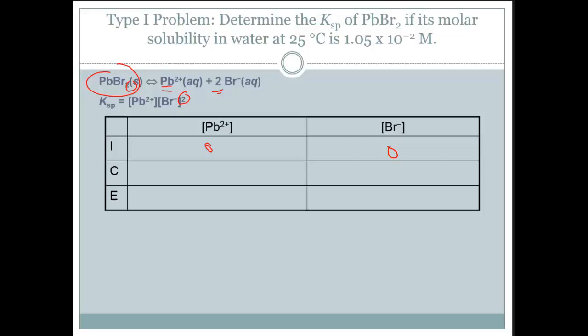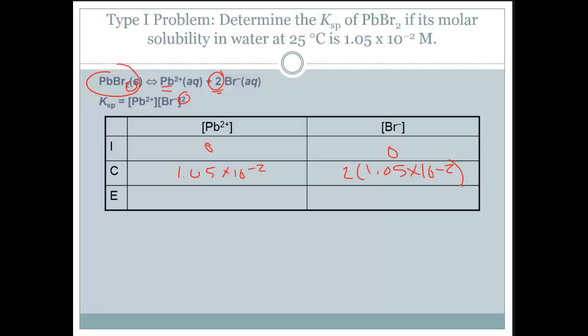Then we add it to water, and we have 1.05 times 10 to the negative 2. And then because of this 2 out here, it's going to be 2 times 1.05 times 10 to the negative 2, because for every lead that's produced, we're going to have 2 bromines that are produced.